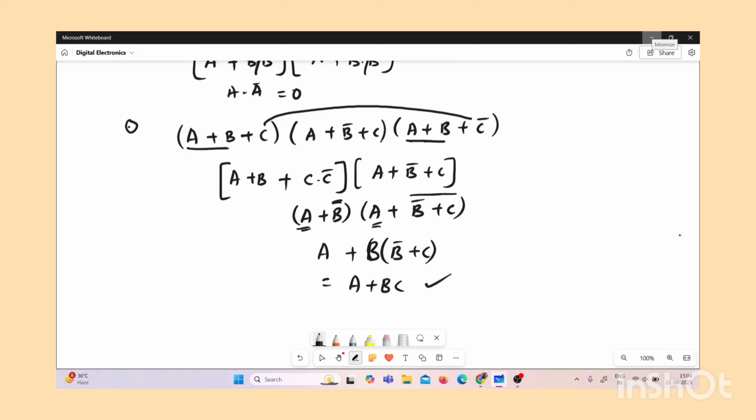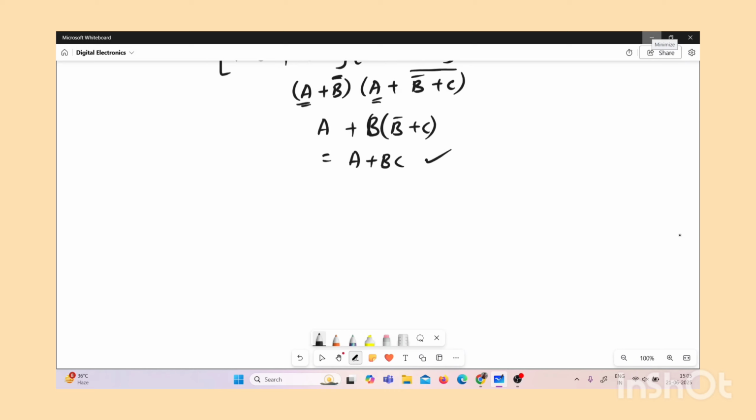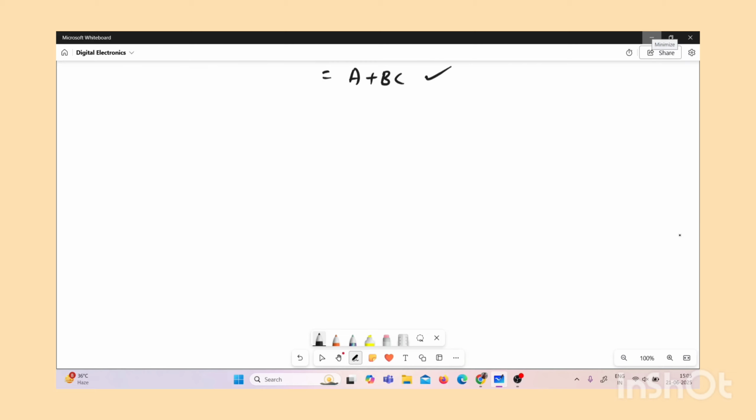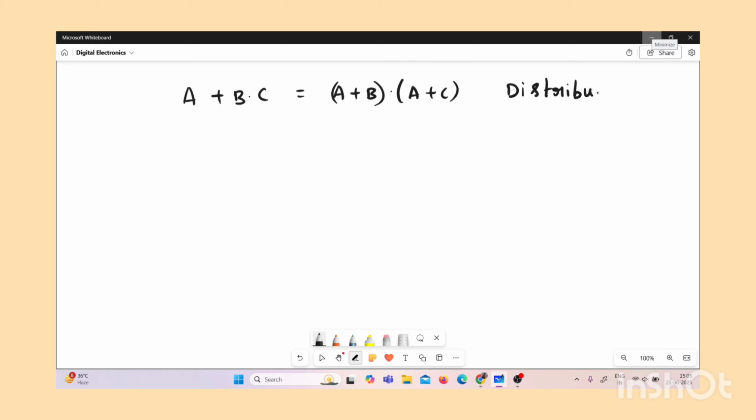Next one. Till now we have written a plus b into a plus c is a plus bc. Let us write in the opposite way. That means a plus bc, we can write it as a plus b into a plus c, and this is called the distribution theorem.